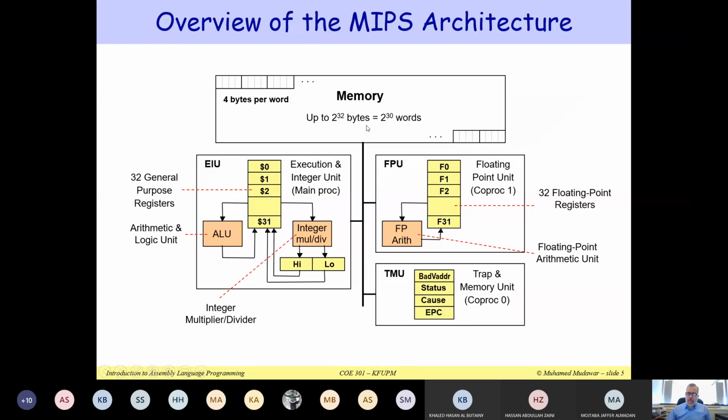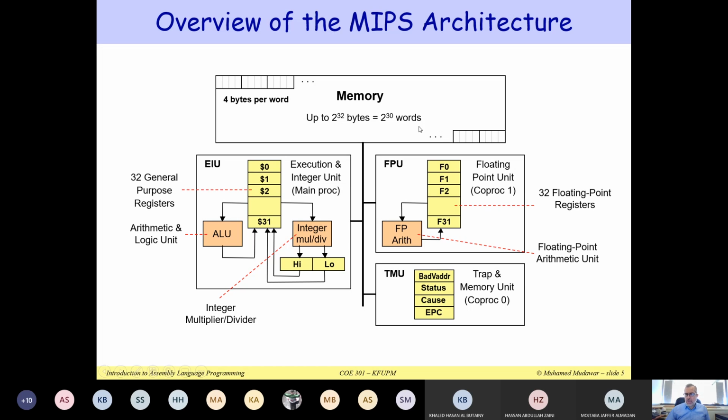That's the maximum space that can be addressed in the memory. So the maximum size of the memory in a 32-bit architecture can be 2 to the power 32 bytes. So 2 to the power 32 is 4 gigabytes. And 2 to the power 32 bytes is equal to 2 to the power 30 words, because each word is 4 bytes.